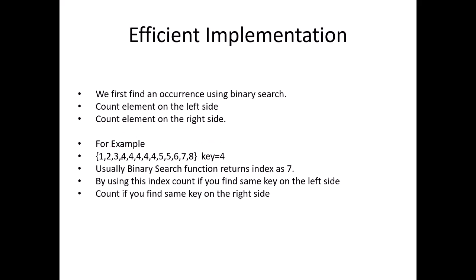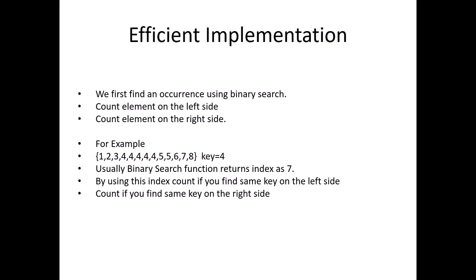For example, if you have the elements 1, 2, 3, 4, 4, 4, 4, 4, 5, 5, 6, 7, 8, totally 13 elements, and I try to find the occurrences of the element 4, binary search returns index 7, counting positions 0, 1, 2, 3, 4, 5, 6.